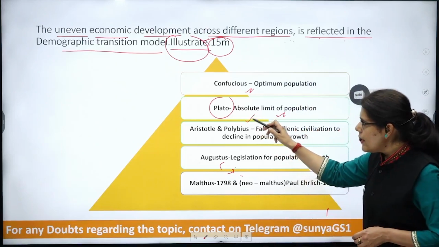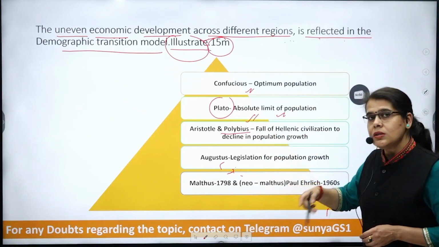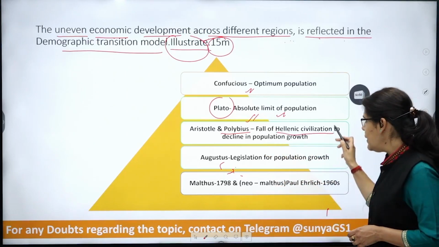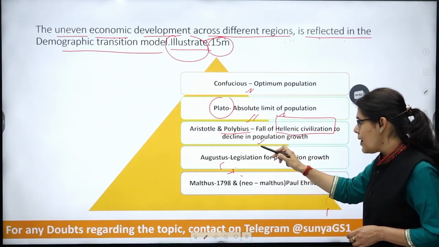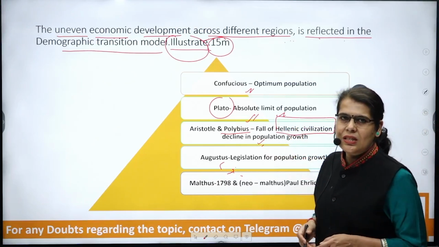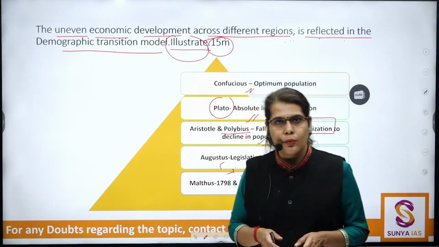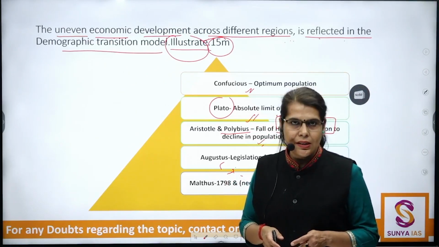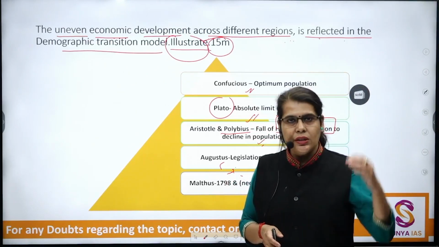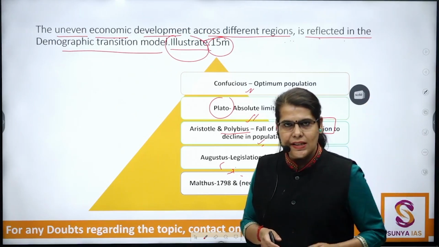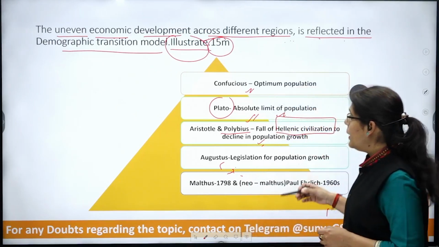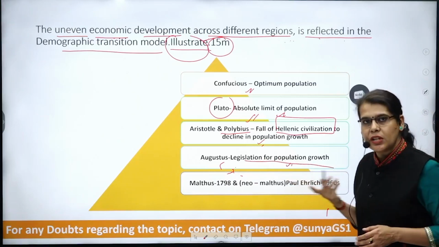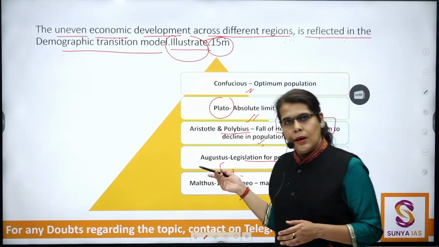Then Aristotle and Polybius talk about another concept, the fall of the Hellenic civilization due to decline in population growth. This is a contradictory viewpoint: population growth is quite necessary, otherwise it leads to the fall of civilizations. Then Augustus also talks about legislation for population growth, which is complementary to this.